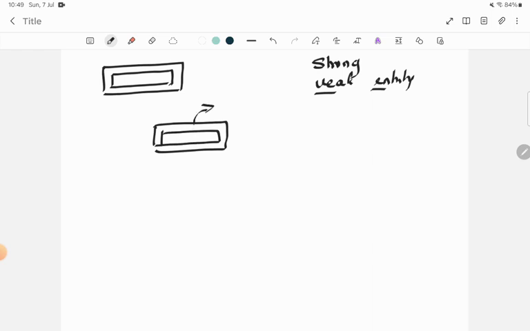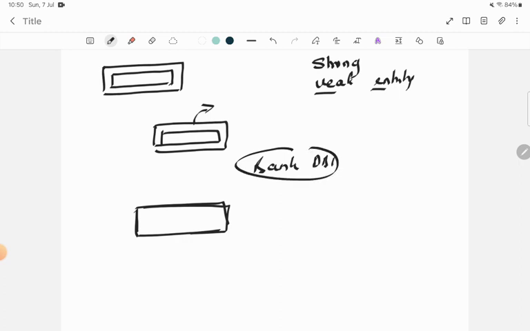For example, let's take a simple bank database example.